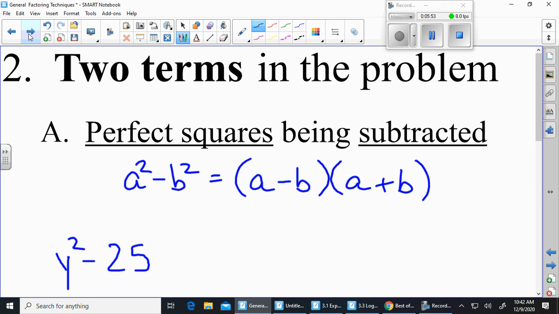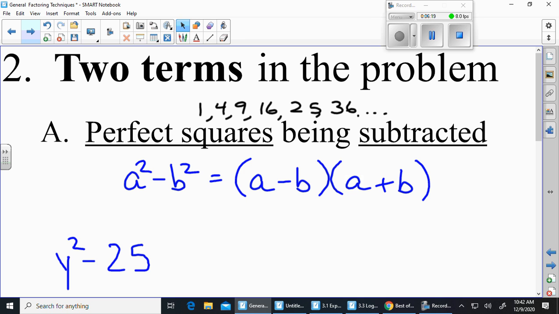The only factoring that we have done is perfect squares being subtracted. But now, how this is going to change with higher powers is it's actually going to be perfect squares. Still, I need my perfect squares like 1, 4, 9, 16, 25, 36, etc. But you don't have to just have a square.